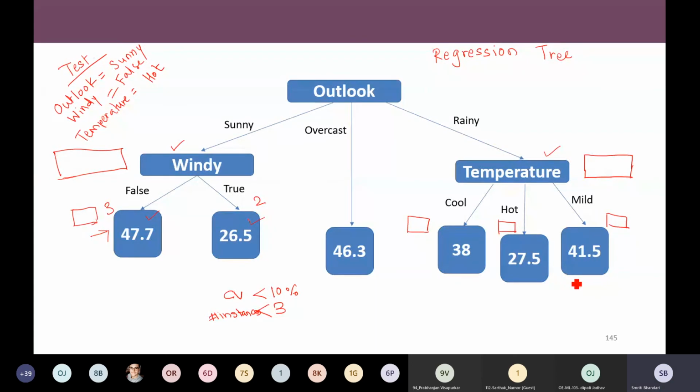Is there any doubt? No, ma'am. Fine. So we have covered today the decision tree for regression problem.